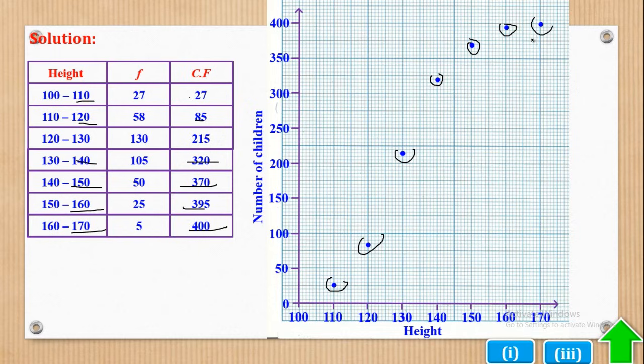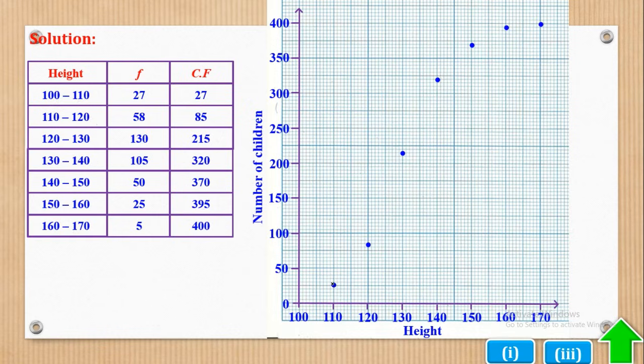Now after that we are going to draw a smooth curve through all these points. But I think you realize that we started from the lower class boundary of the first class, so you have to elongate this line to meet the lower class boundary of the first class at 0, so that we don't leave your OGIVE hanging.